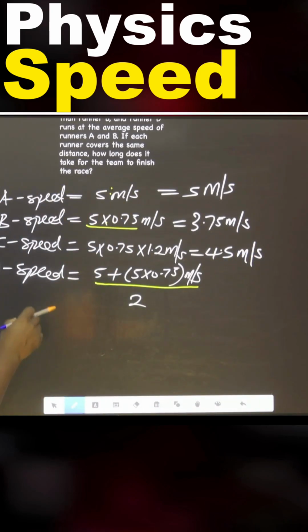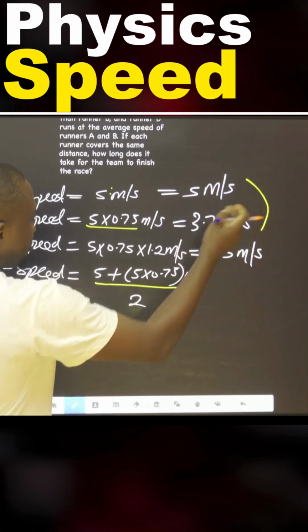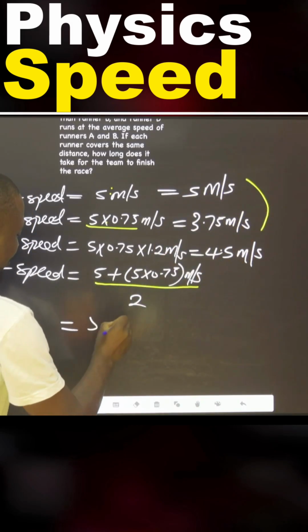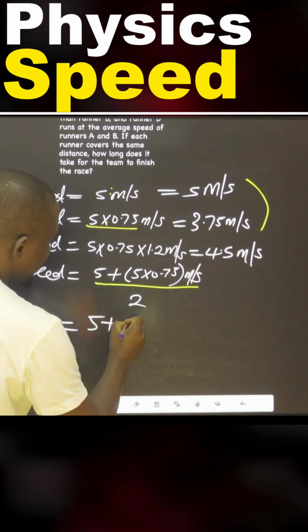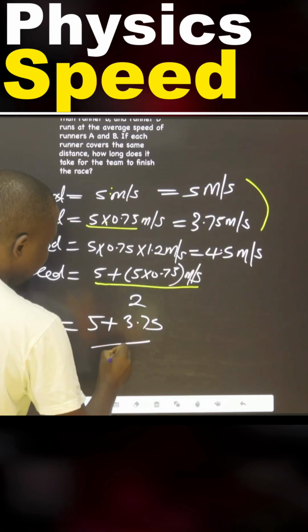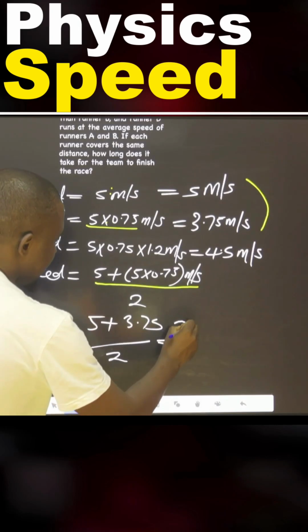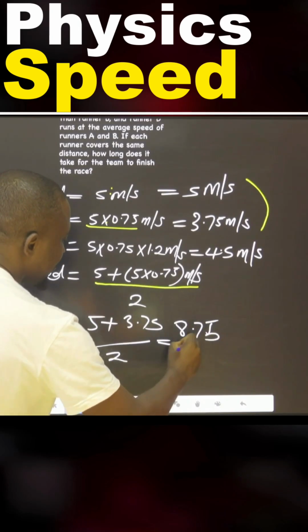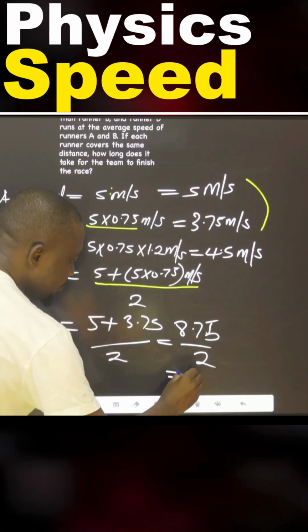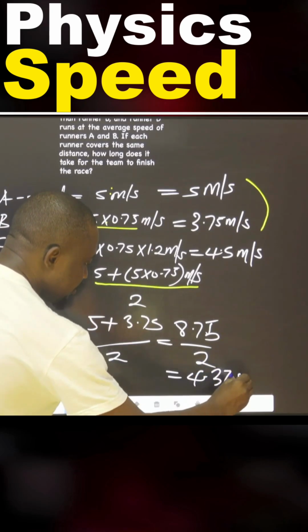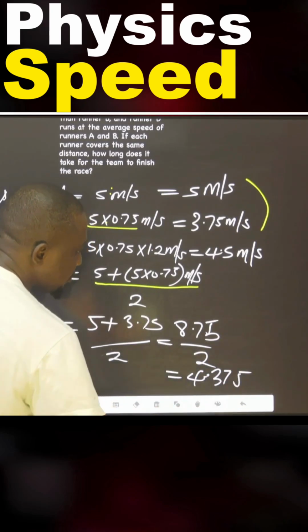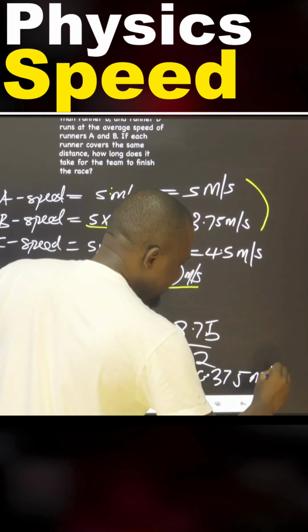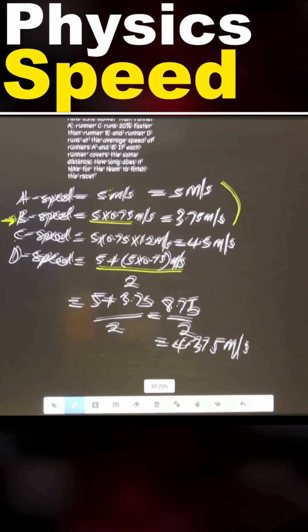Finally, we find the average of these two, which is actually 5 plus, now that we know, 3.75 over 2, which is equal to 8.75 over 2. In meter per second. Okay?